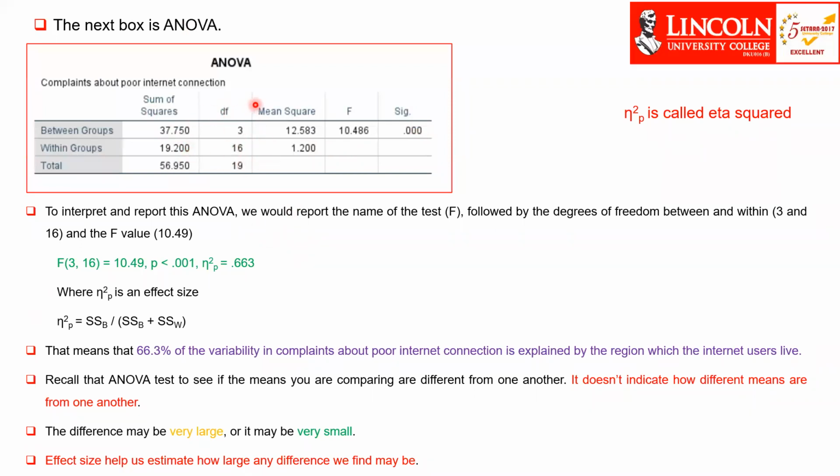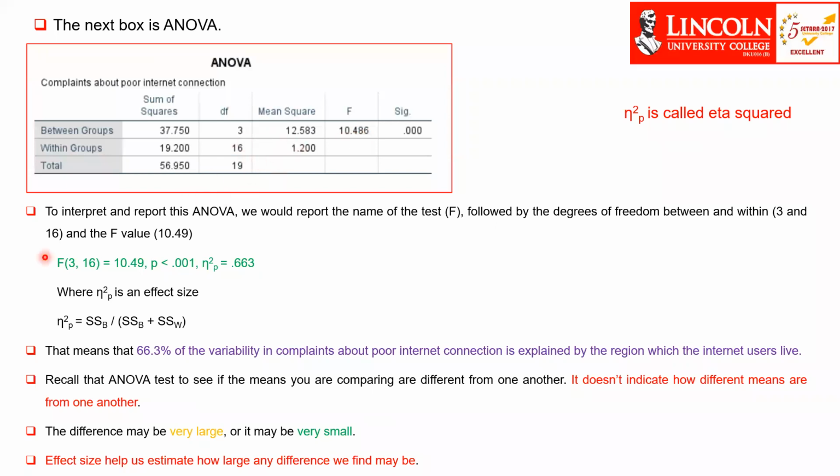So to interpret and record this ANOVA, we will report the name of the test, which is F. I mentioned this earlier, which is F, followed by the degrees of freedom, which is 3, 16. The between groups will come first, then the within groups. So that's why you have 3 and 16. And of course, the F value, which is 10.49.